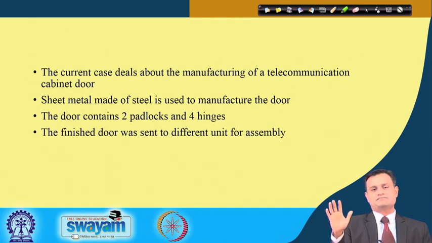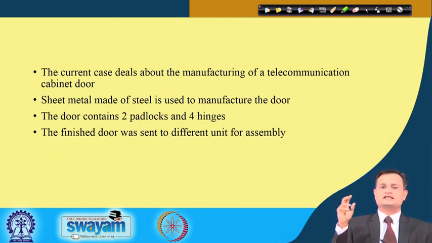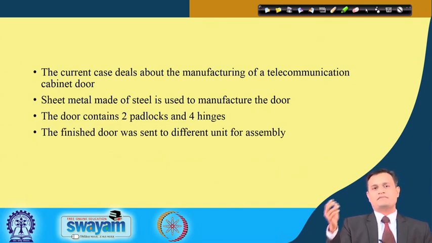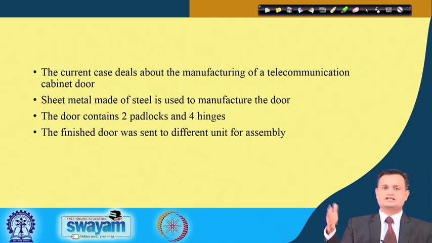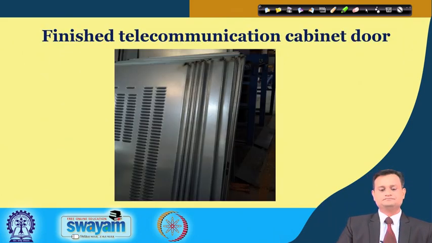So it is a very simple component. It includes 2 padlocks and 4 hinges, and then it is sent to different stations for the assembly. This is the picture, and you must have seen this kind of cabinet at various places.